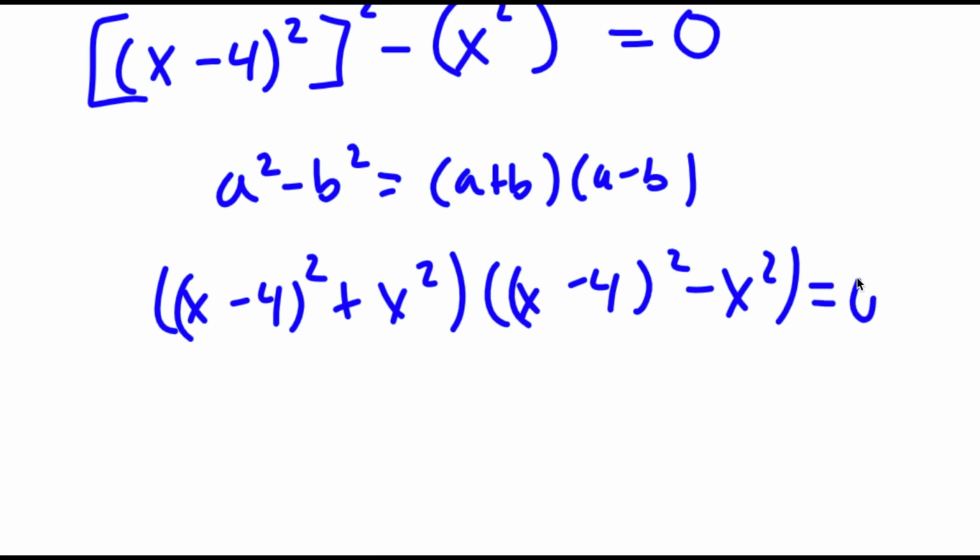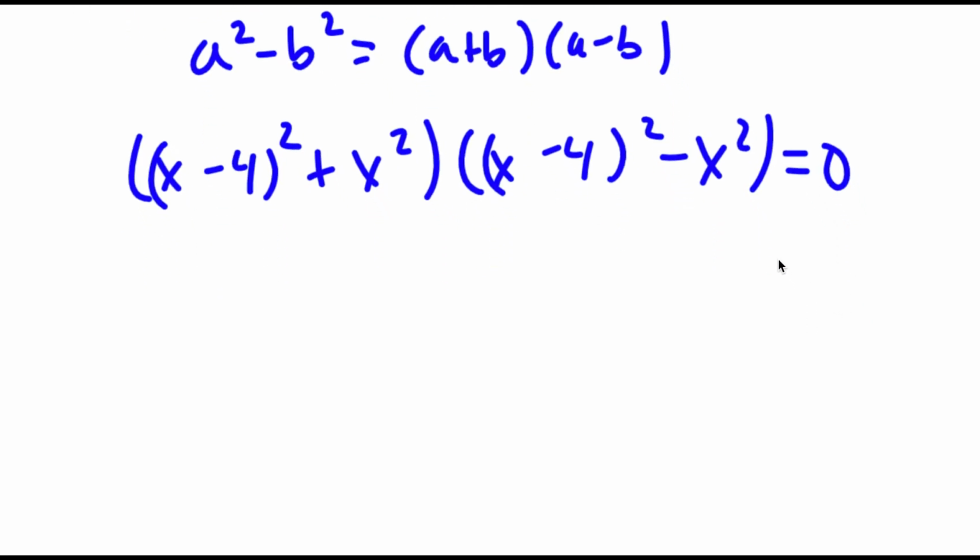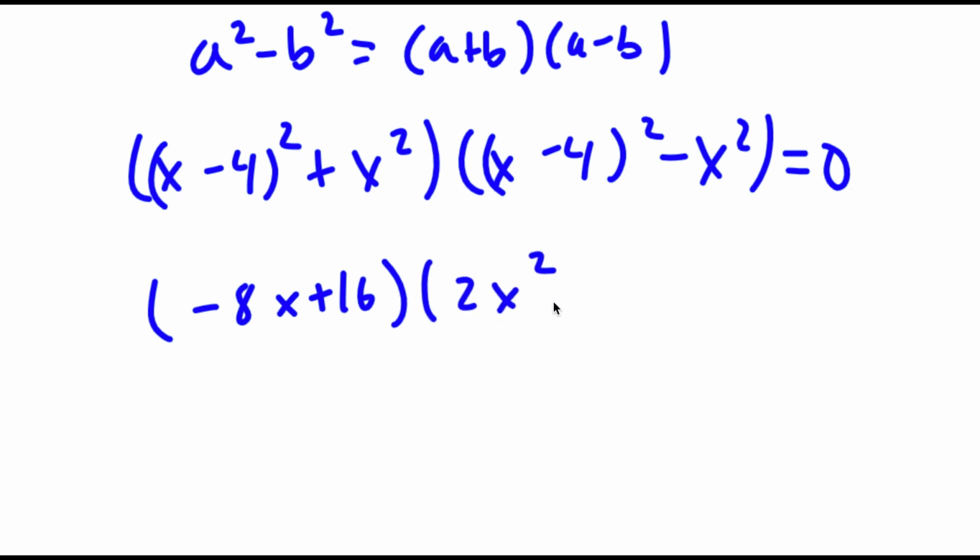And this is equal to 0. And now if I expand this, I get (−8x + 16)(2x^2 − 8x + 16) = 0.